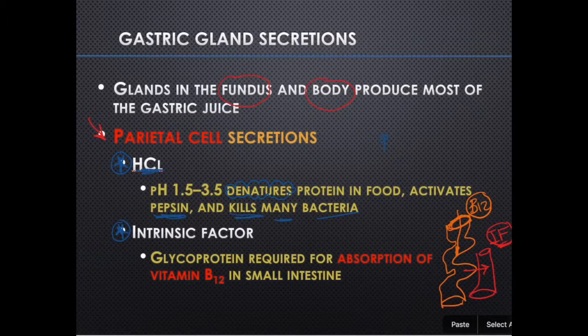And what cell exactly would be releasing the intrinsic factor is going to be your parietal cells. Having deficiency of vitamin B12 will result in a type of anemia that we call pernicious anemia. Pernicious anemia is a type of anemia that results due to deficiency in vitamin B12.